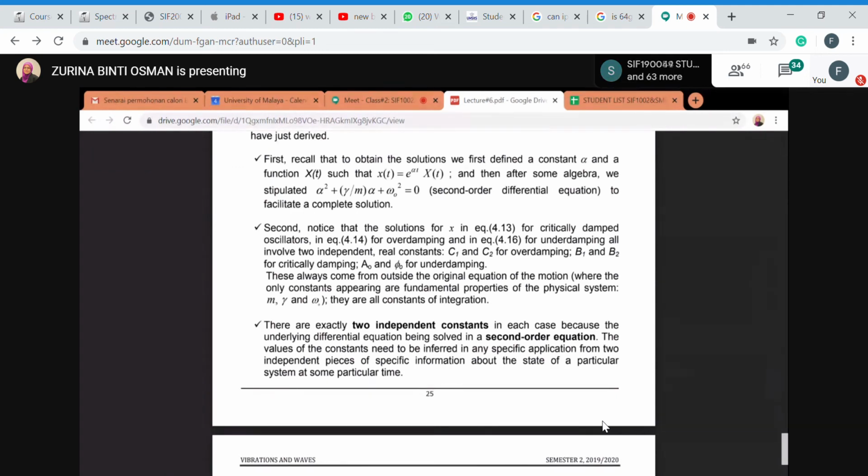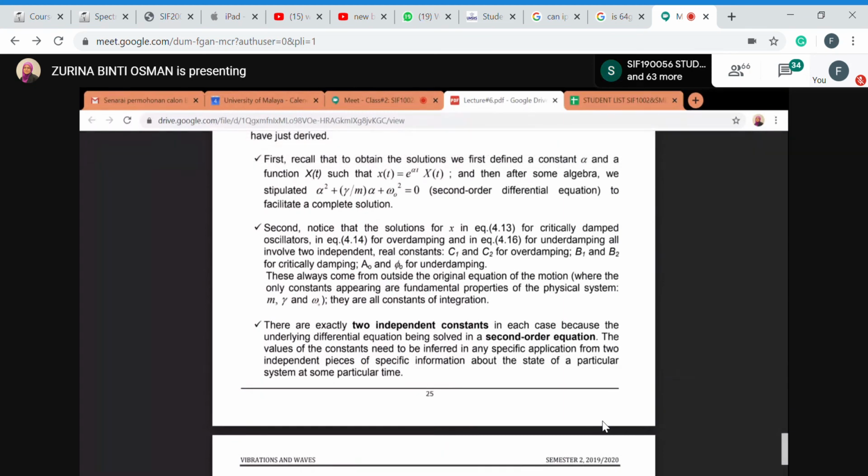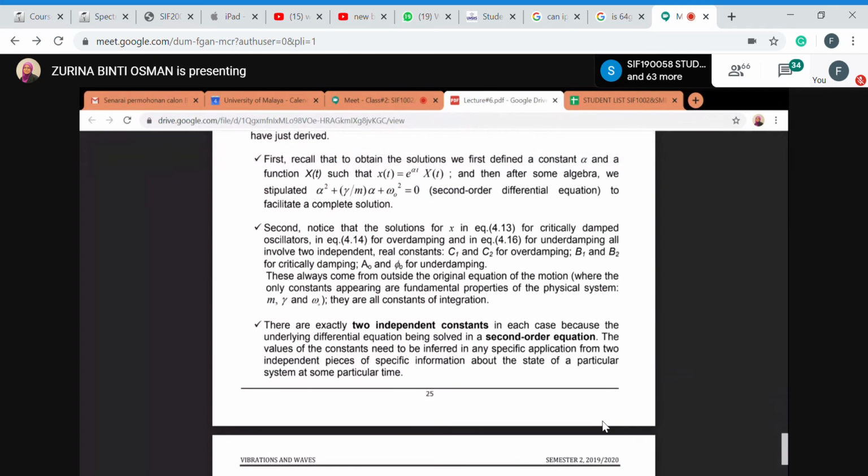These always come from outside the original equation of motion, where the only constants appearing are fundamental properties of the physical system. You can find this in the equation of motion for damped oscillation, but they are all constants of integration.